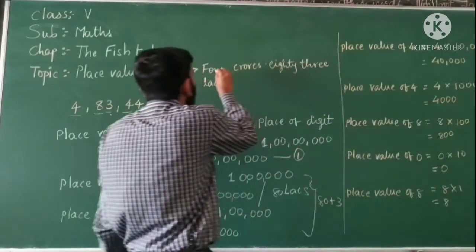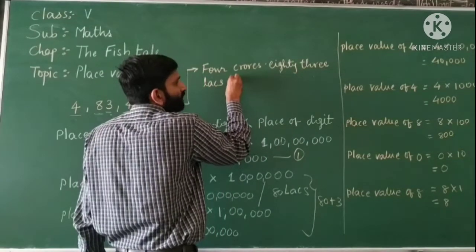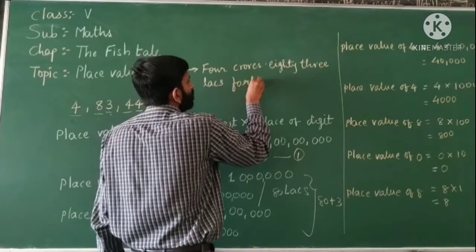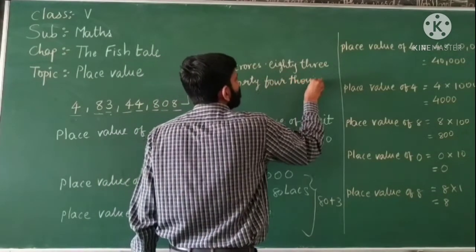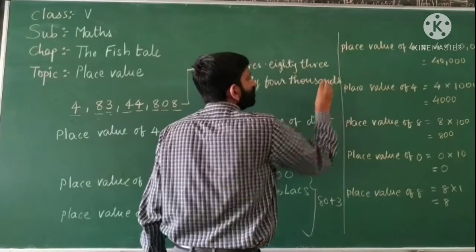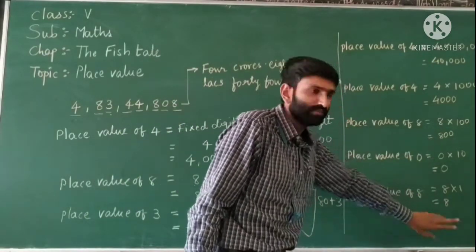So 4 crores, 83 lakhs and 44,000. Okay, now this is 808.